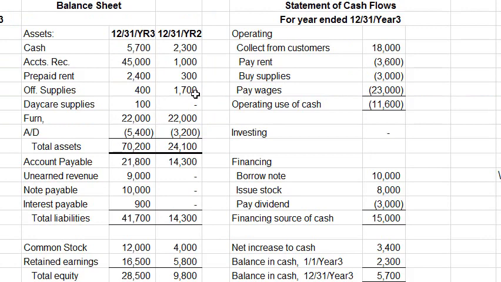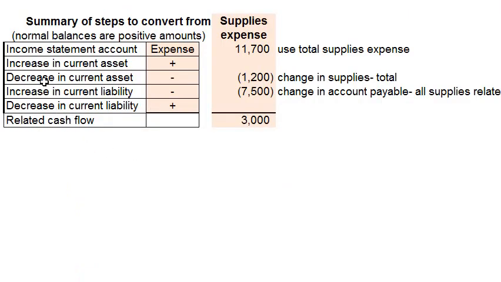Supplies started the year at $1,700, ended the year, we're combining these, at $500, so that's a $1,200 decrease in the supplies asset account. Since we have a decrease in the supplies current asset account, our table tells us to subtract it.